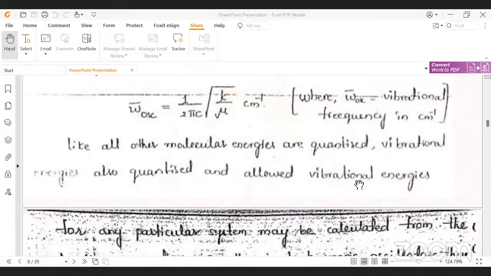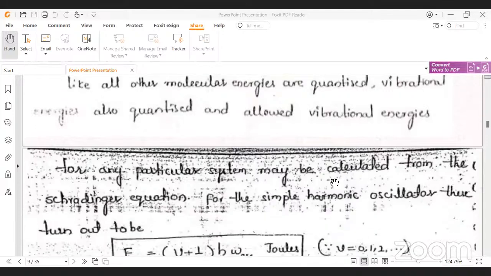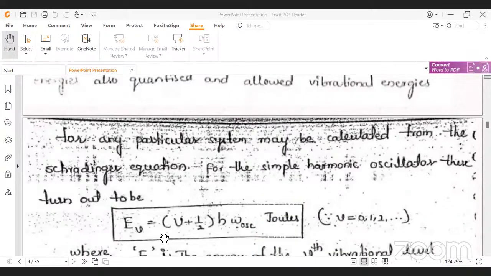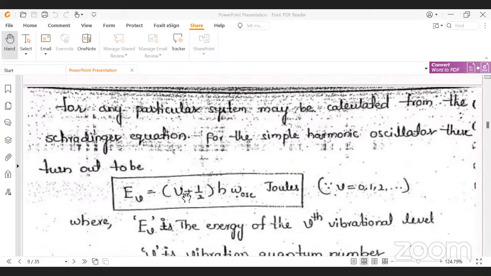Like all other molecular energies, vibrational energy is also quantized, and the allowed vibrational energies for any particular system may be calculated from the Schrodinger equation for a simple harmonic oscillator. These turn out to be E equals (v plus 1 by 2) h ω oscillation, in joules.